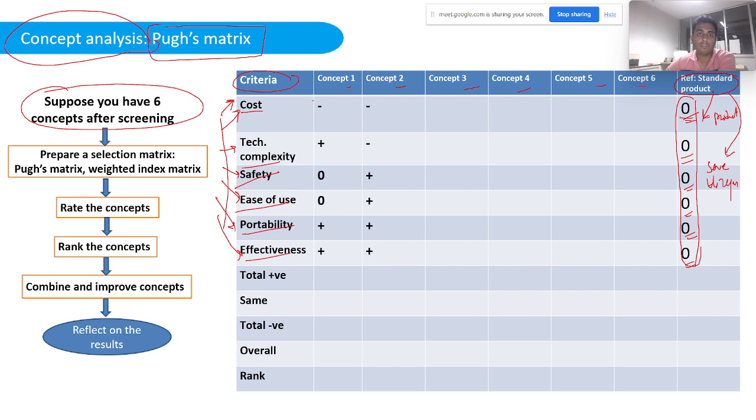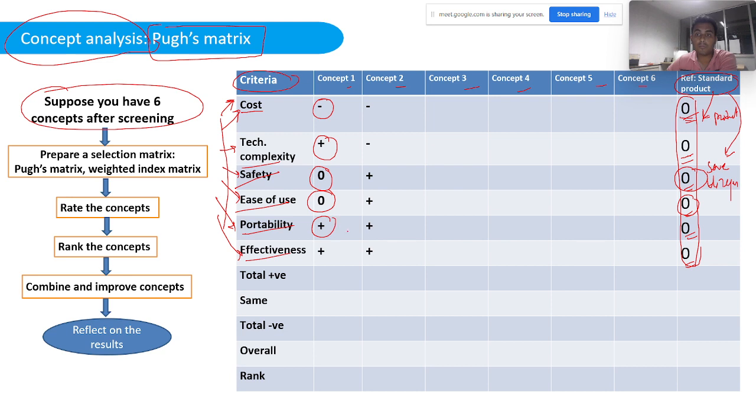If you say low, that means it is positive. If you say it is high, that means it is negative. That means cost wise this concept has a negative rating. Technical complexity wise this is less complex than the standard product, so it's a positive. Similarly, safety wise this is the same as the standard concept. Similarly, ease of use wise it is the same.